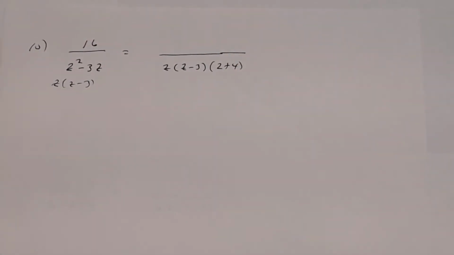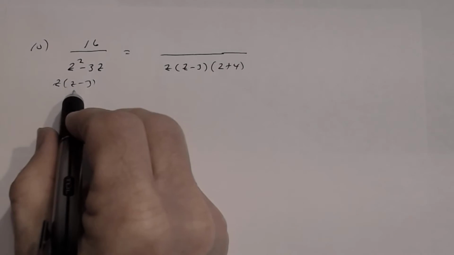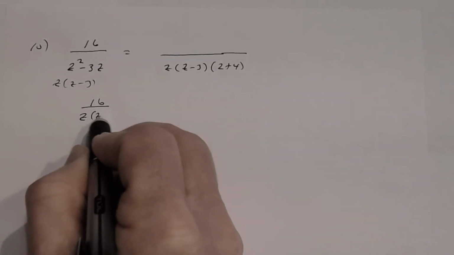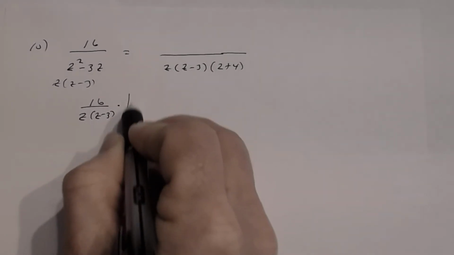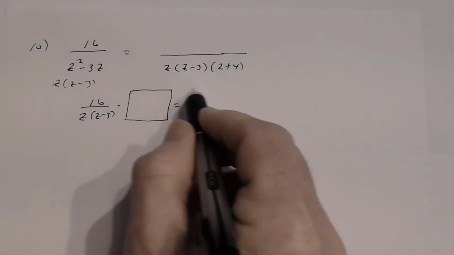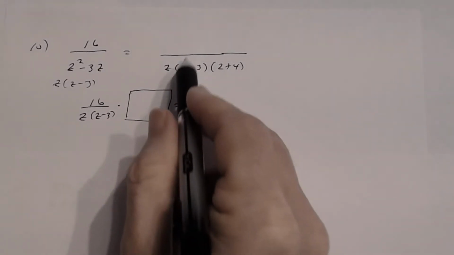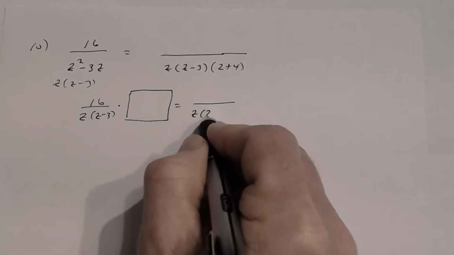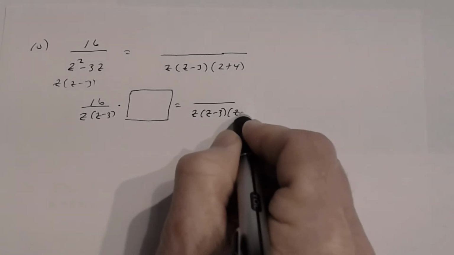So I've got to multiply this by this. Okay, so in your mind, you have 16 divided by z times z minus 3 times some rational expression, and I want to get an equivalent rational expression that has this denominator. That's what you're asking. That's what you want to know.